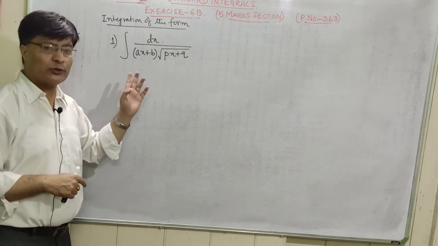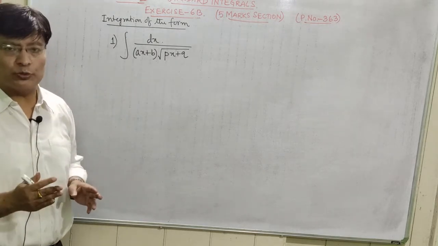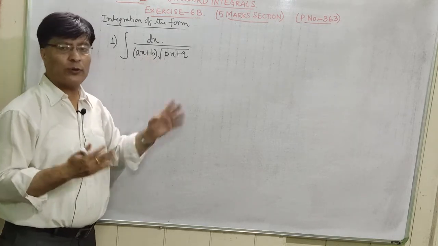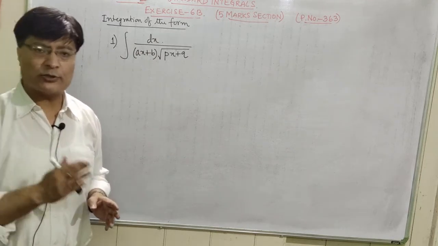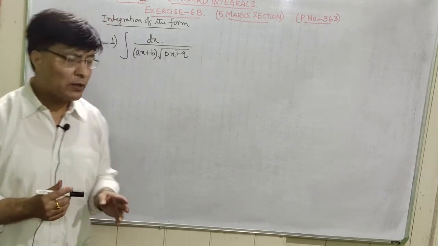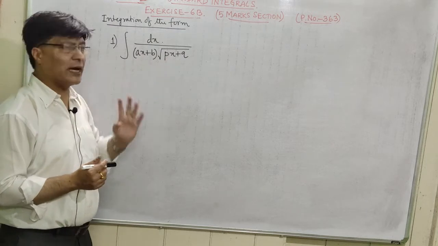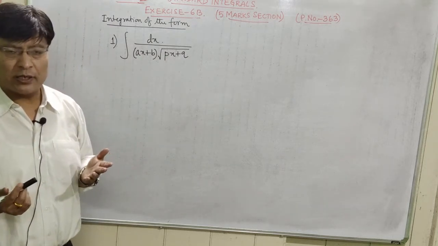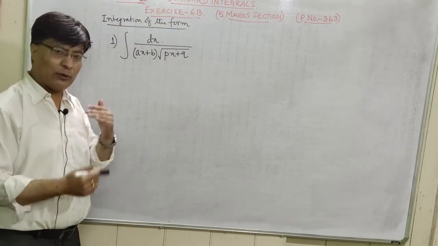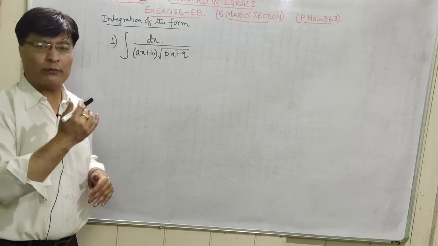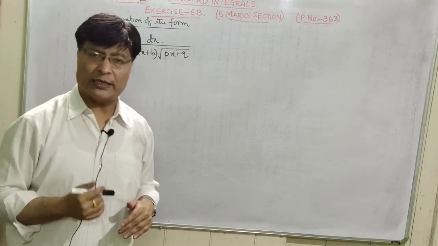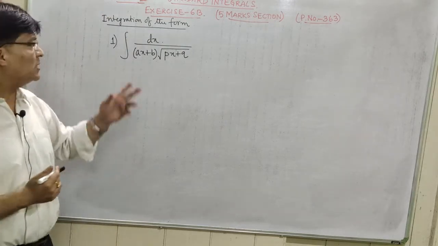And within the square root also there is the expression px plus q. What is the power of x there? That is also 1, also a linear expression in x. So both these expressions are linear expressions in x. One is under the square root and one is outside, but both are in the denominator, and in the numerator we have only dx.